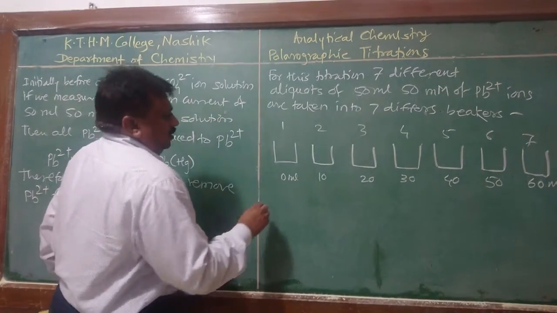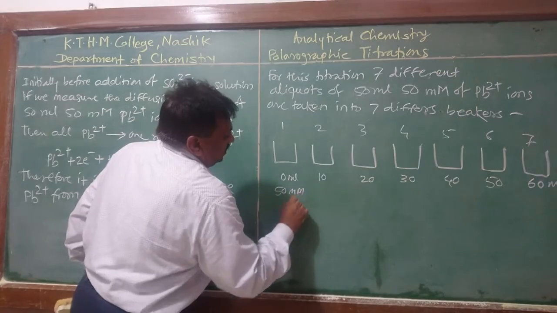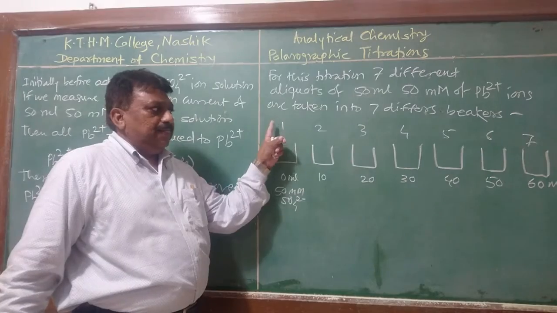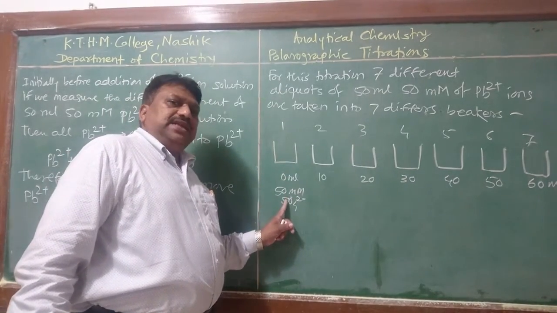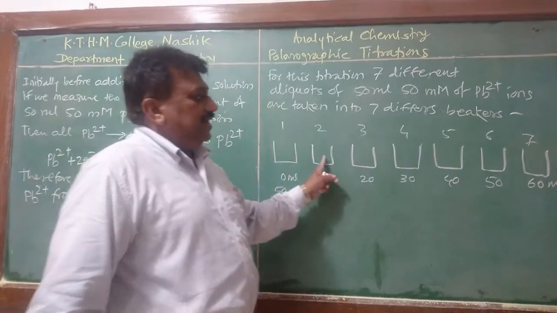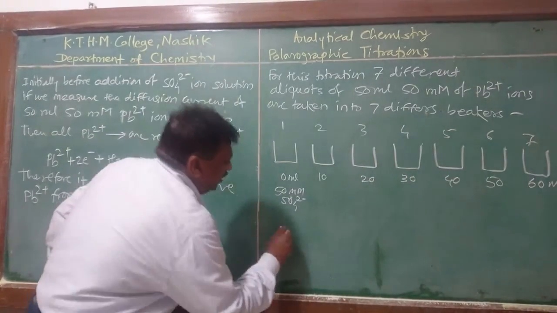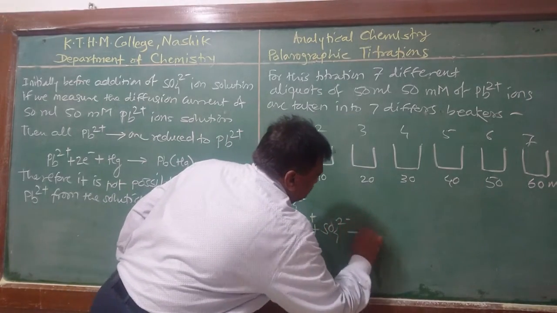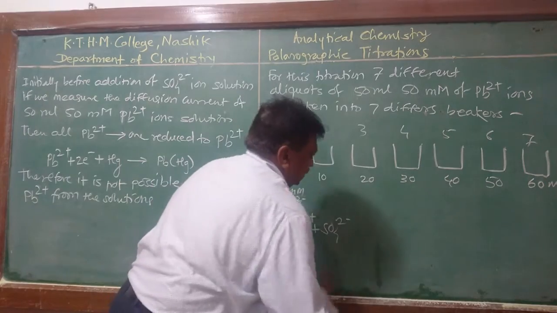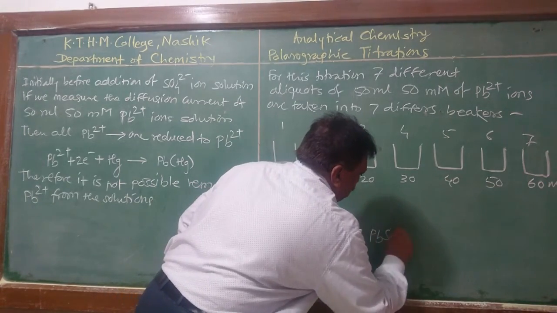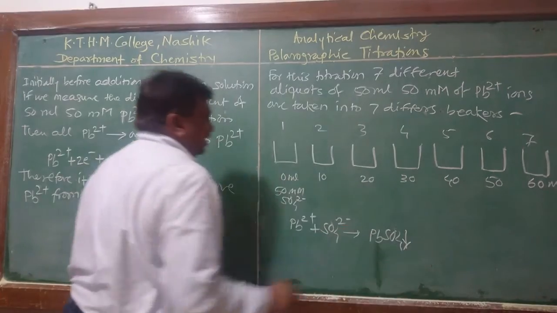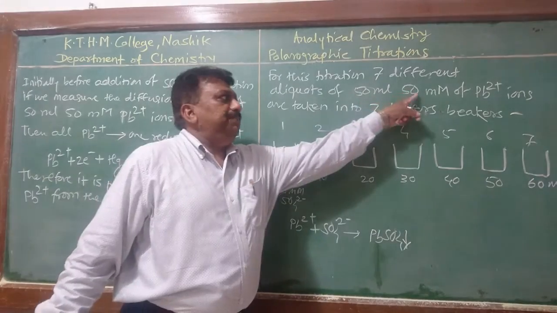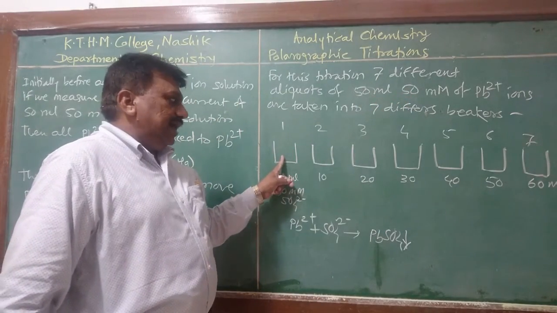of 50 millimole sulfate ions are added. Therefore, on the basis of added sulfate ion, the reaction of lead ion takes place. Therefore, Pb2 plus plus SO4 2 minus gives PbSO4 precipitate, and that is why this solution contains total 50 ml, 50 millimole of lead ion.